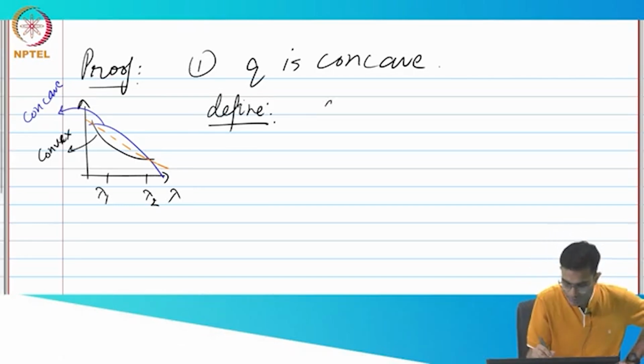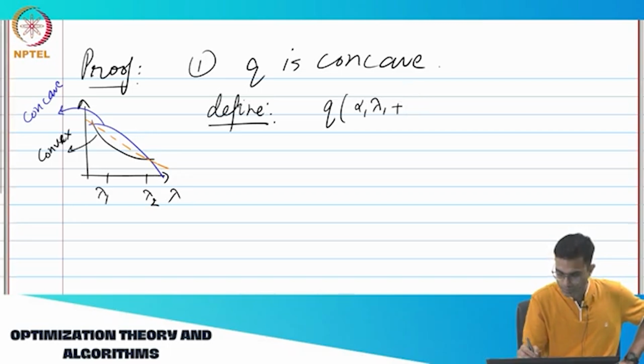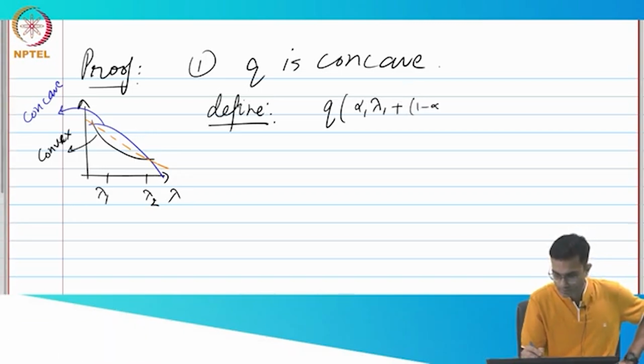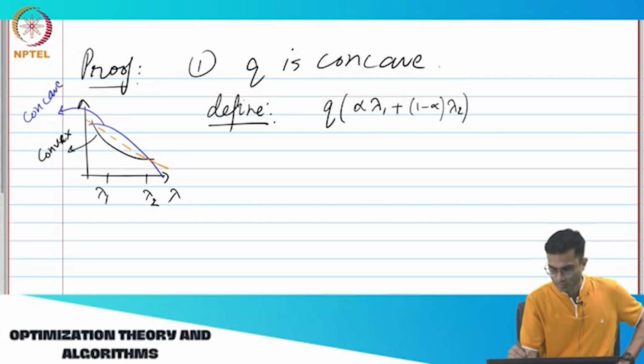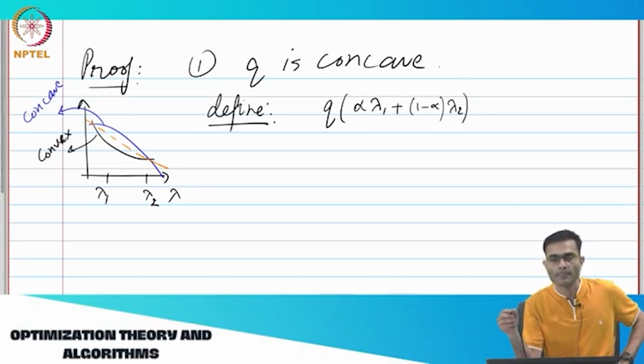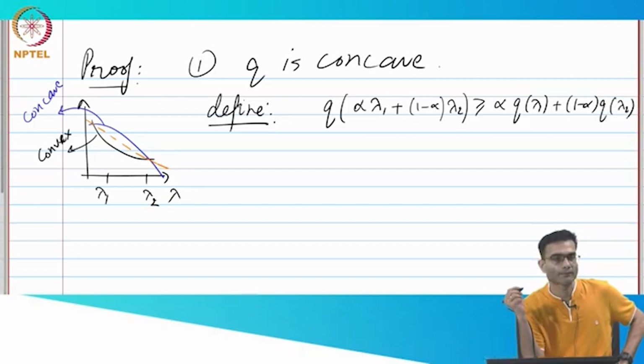So it would be something like, so if I take q of alpha lambda 1 plus 1 minus alpha lambda 2, this should be greater than or equal to alpha times q of lambda 1 plus 1 minus alpha times q of lambda 2, right?